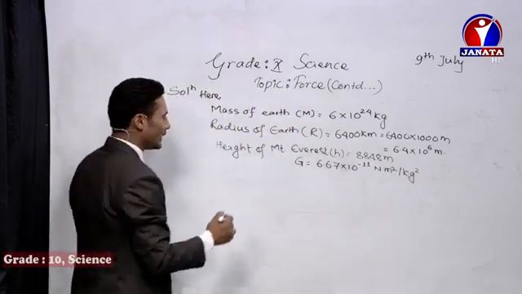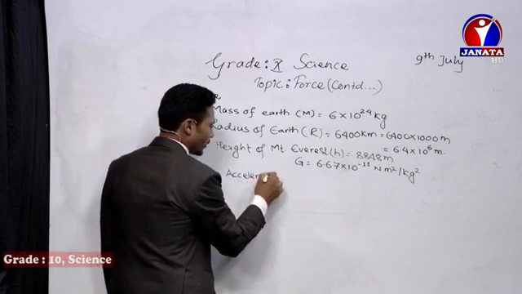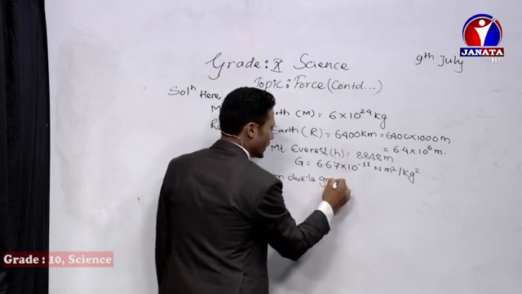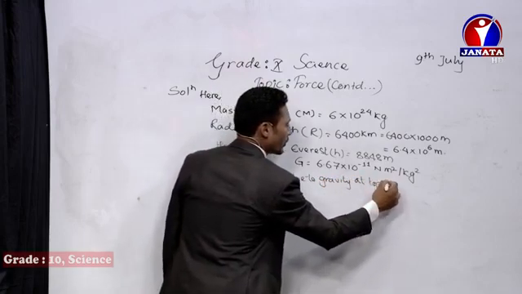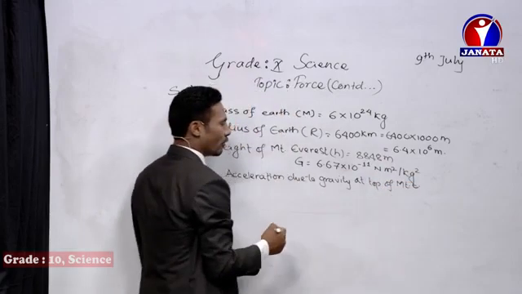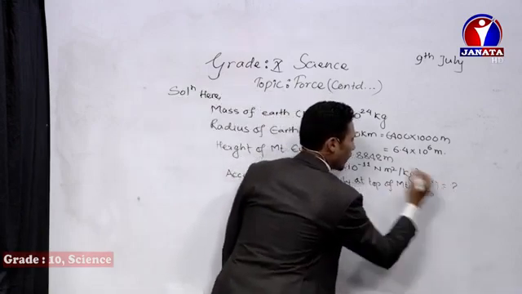And we need to find here the acceleration due to gravity at the top of Mount Everest. So this I will represent by g dash equals to what?